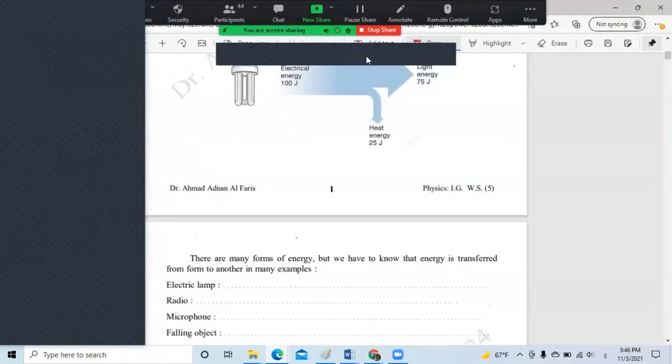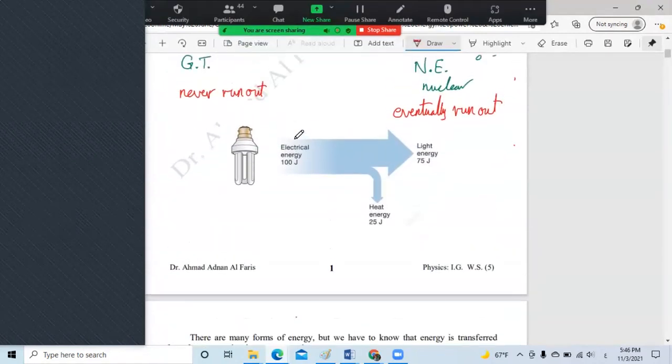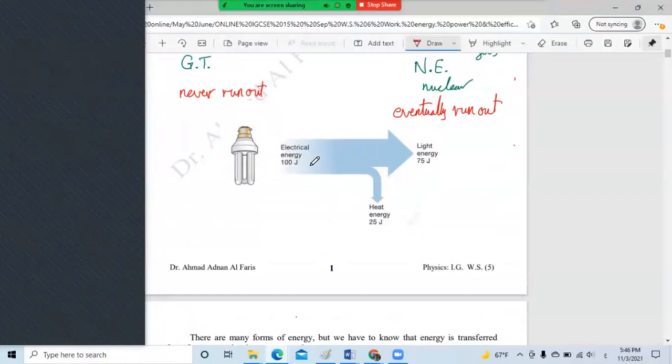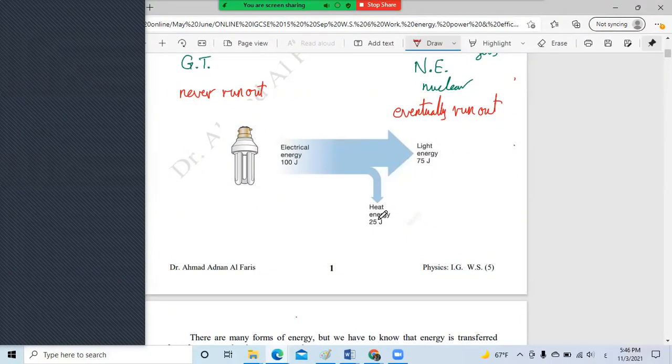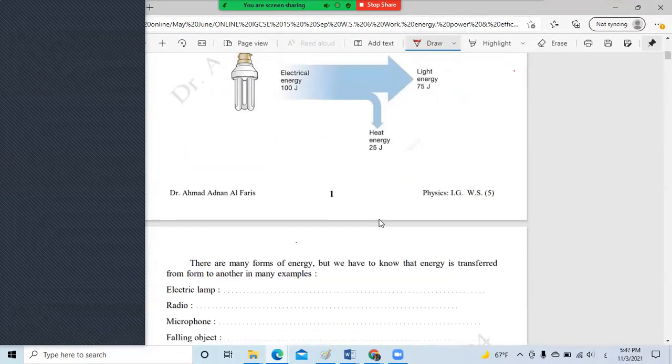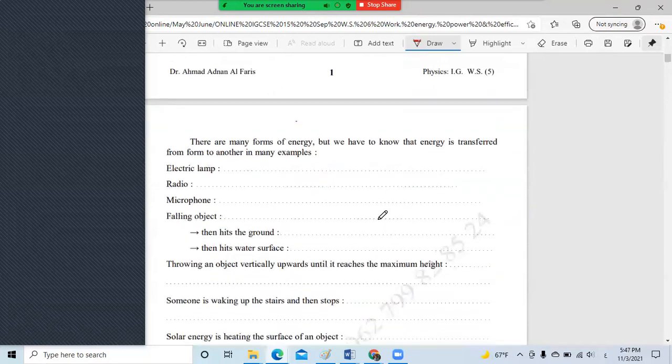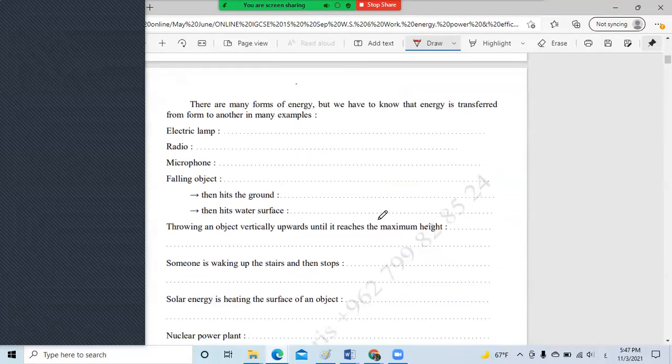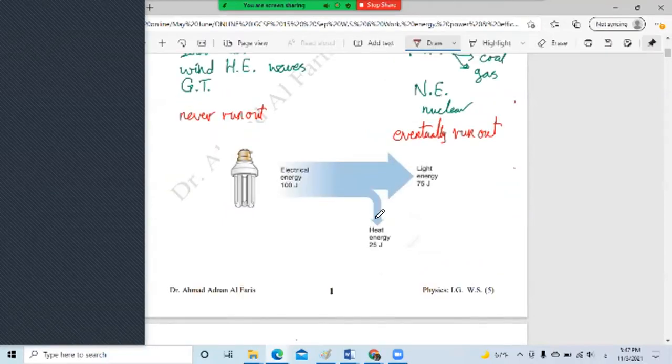And we can see that this electric lamp uses electric energy of 100 joules. Now this energy, we didn't destroy it. We transfer it to other forms of energy, to light and heat. So now we are going to give a lot of examples about how the energy is transferred. Some of them are useful, and some of them are not useful.